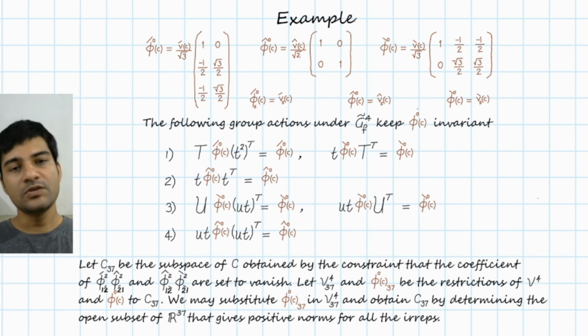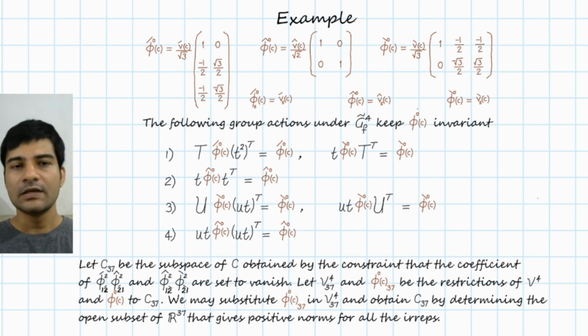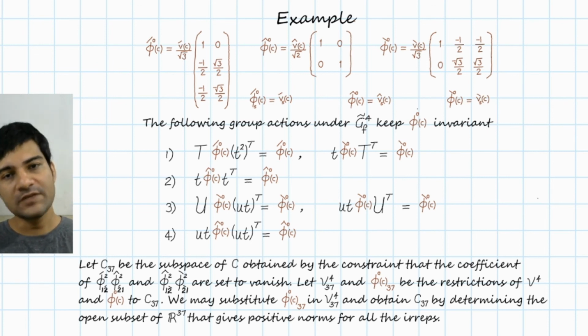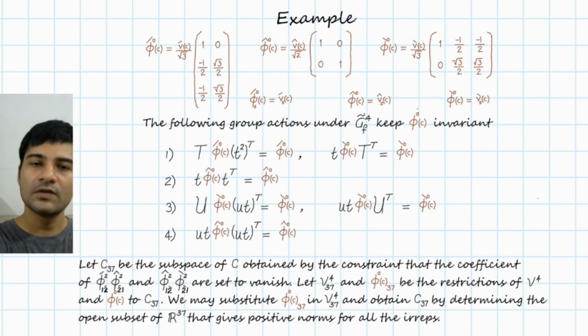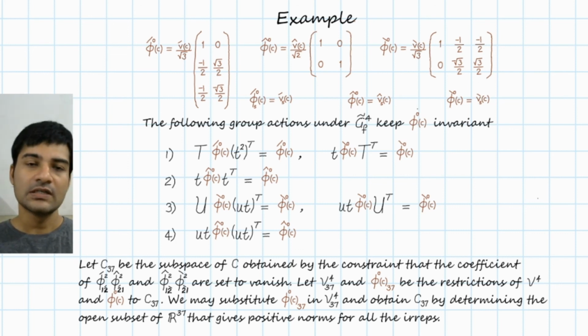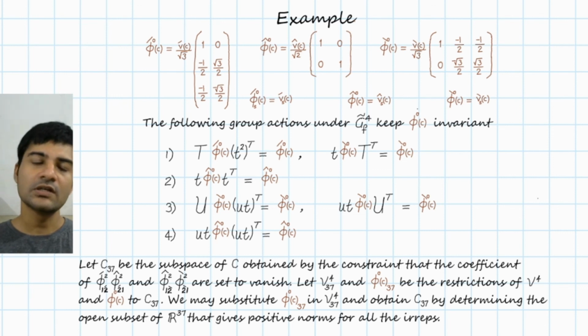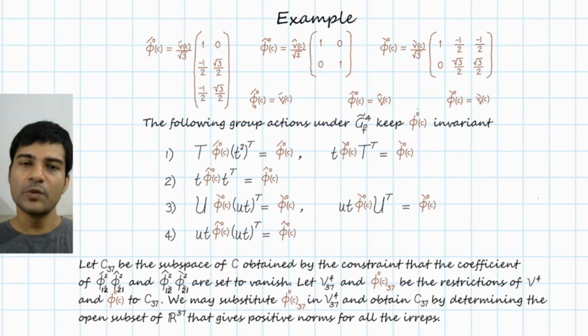Each of these solutions would correspond to a map phi 0C. If the norms of all the 6 irreps are real and positive, then that would be an example of this particular pattern of phi 0C. And the values of the coefficients that lead to real positive norms for all the 6 irreps for this solution would be the domain C37.